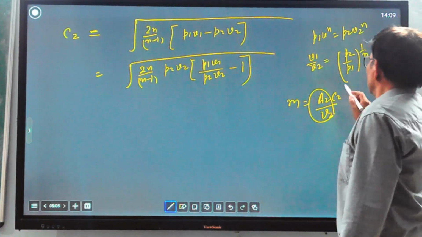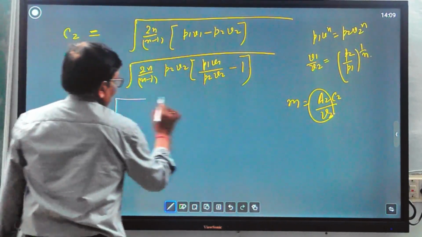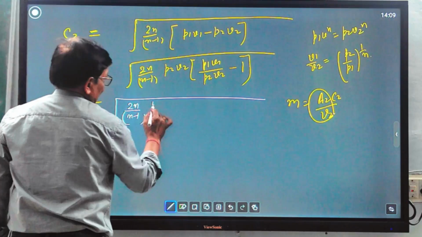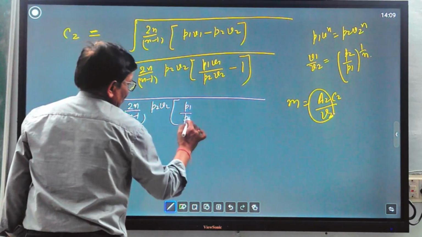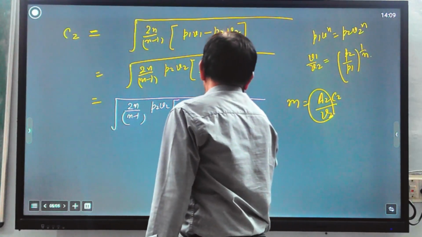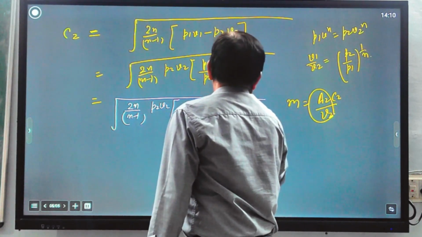So now putting the value of V1 by V2 in this equation, this will be equal to 2n upon n minus 1 P2 V2, and in bracket P1 upon P2 in multiplication, here putting the value P2 upon P1 to power 1 by n minus 1.